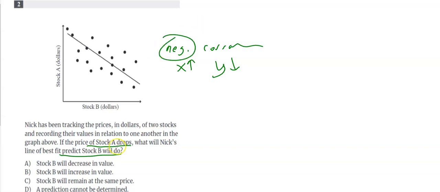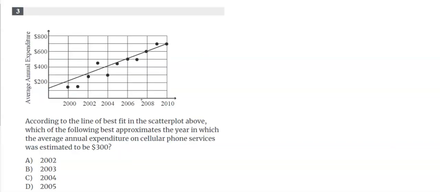So if price A drops, price B will increase. So stock B will increase. What that means is stock A has dropped, so this is a very low value for stock A, but a very high value for stock B. They tend to be going in different directions there.